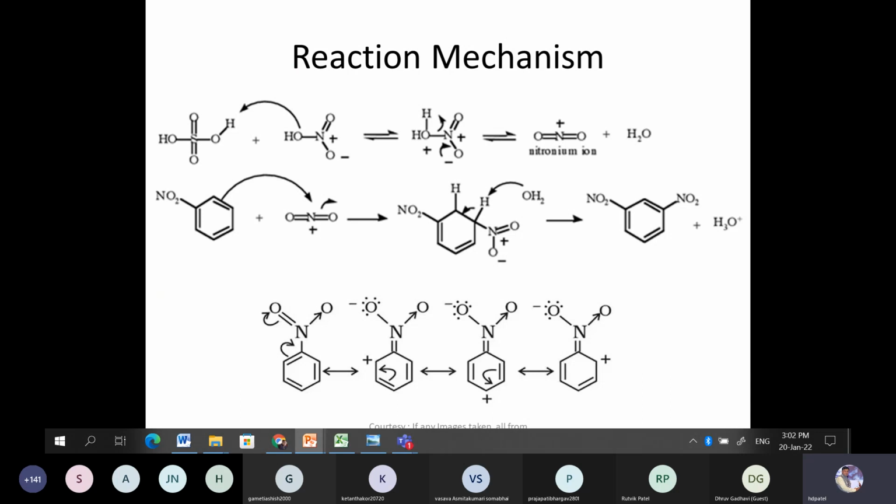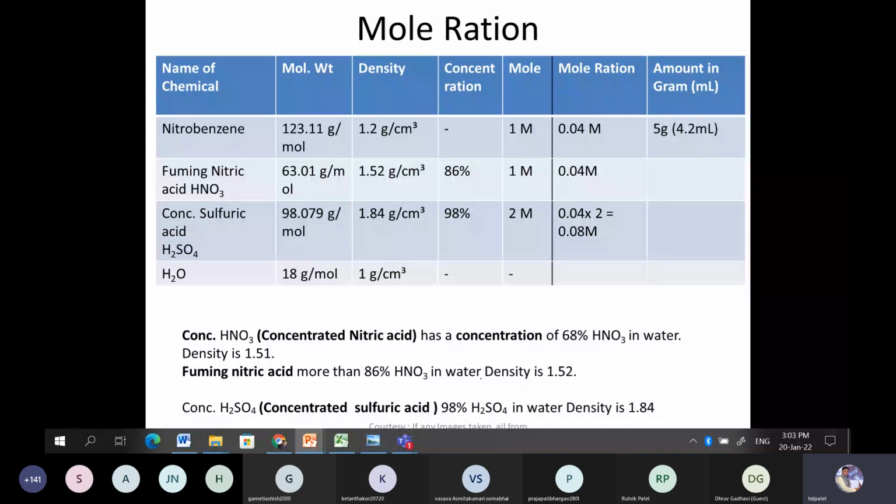As per the reaction, we can see 1 mole is required, but actually to break this bond we require another mole of sulfuric acid, and that's why to carry out the reaction in a better way we have to use 2 mole. If we use only 1 mole, then also the reaction will take place, but the reaction will take longer time.